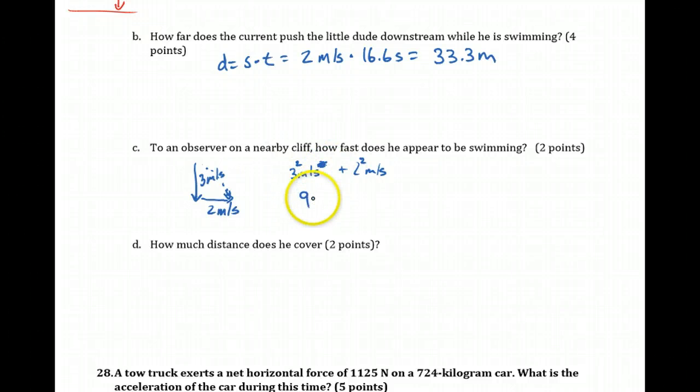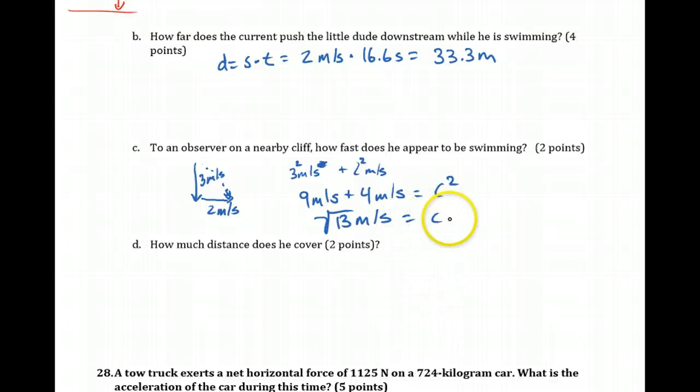So we've got 9 meters per second plus 4 meters per second equals c squared. 13 meters per second, and we want the square root of 13 is equal to c squared, square root of both sides will get you c, and c equals about 3.6 meters per second.